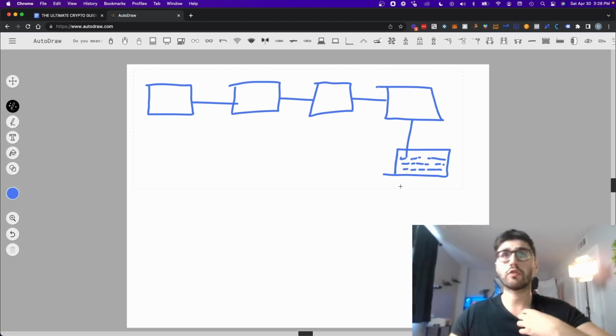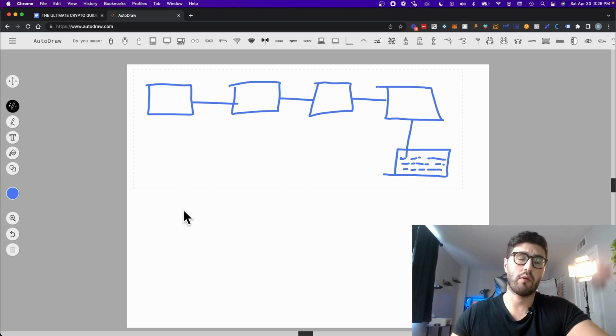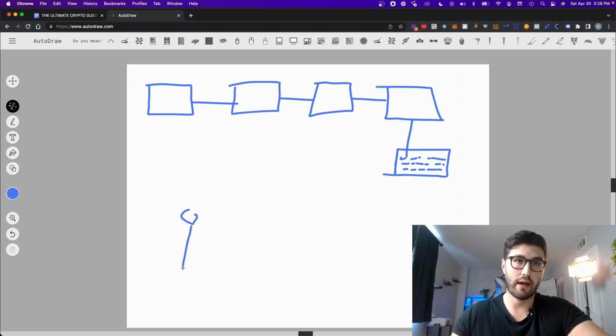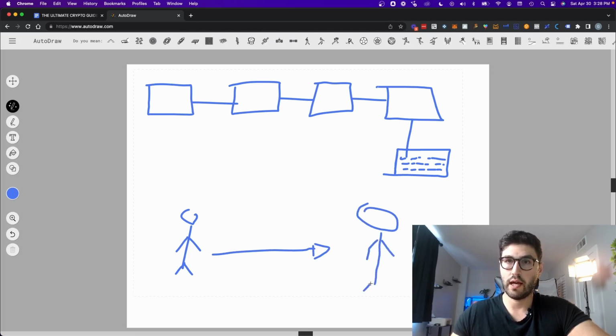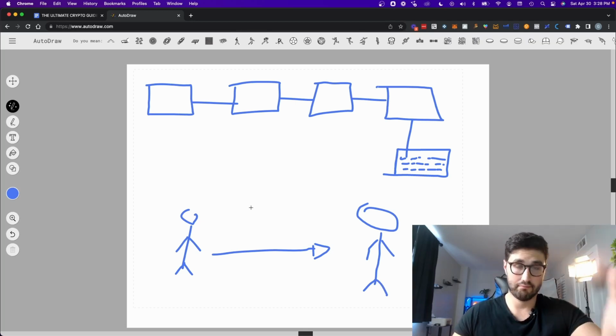To make an example of how a transaction can work on a blockchain, let's say that this is me, and I need to send money to another guy, and I want to use a blockchain.